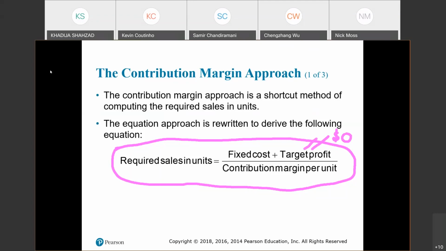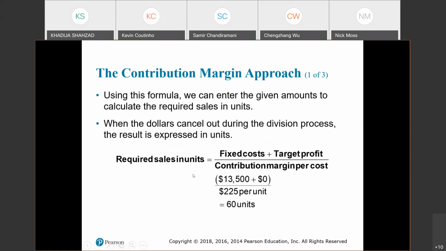So let's try to use this equation to get the break-even point. At the break-even point, the required sales equals fixed cost plus 0 divided by $225 per unit, where $225 is the contribution margin of each tablet.